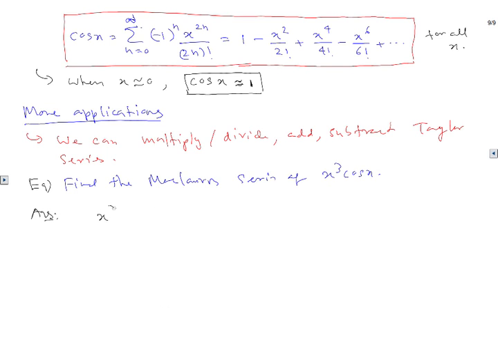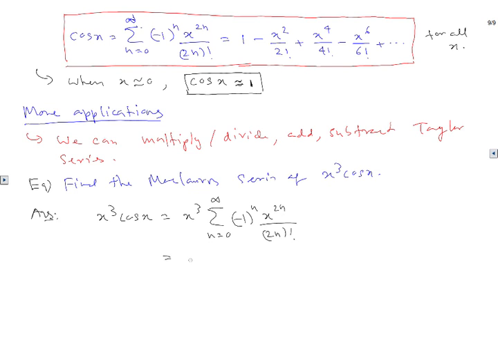So x cubed cosine x is x cubed times cosine, and we plug in the series that we have. If you need the general one, we can write the sigma, but if you just need a few terms, you can write the first few terms. The general one is x to the 2n over 2n factorial.